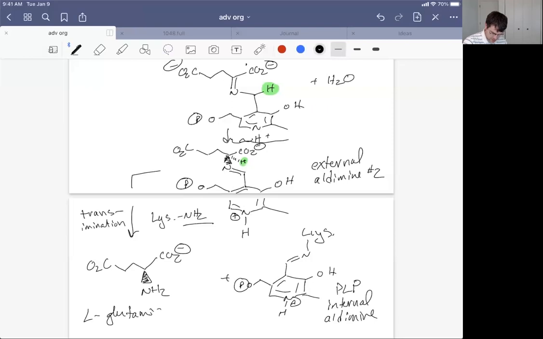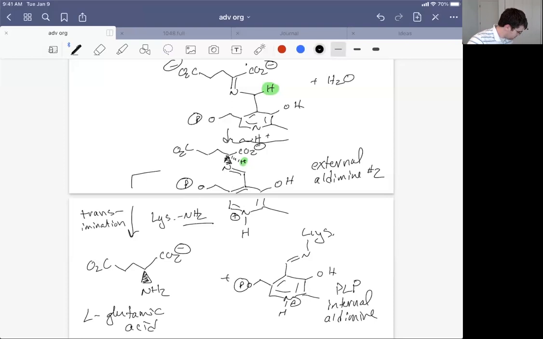And that's what I said, we needed to have some sort of ketone to accept the amine. So the reason why it's not a deamination is the transamination is required so that we regenerate our catalytic cofactor. What's also useful is glutamic acid is a pretty nice alpha amino acid to have lying around.